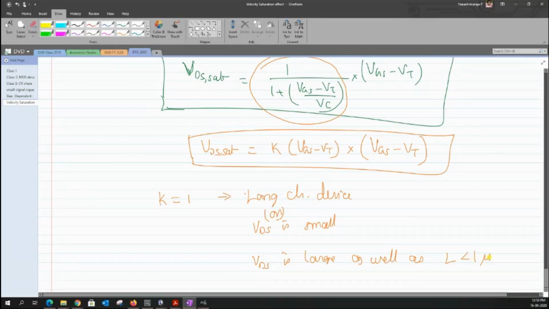Okay, so in that case, we know that this kappa will take up a value that is smaller than 1. So what does it imply for this equation? Which means that my device will enter into saturation well before the VDS reaches VGS minus VT.